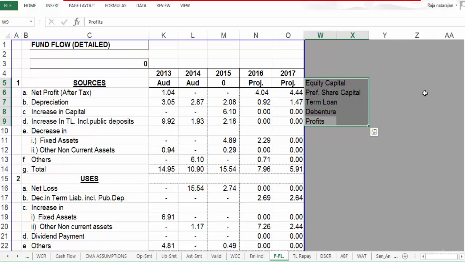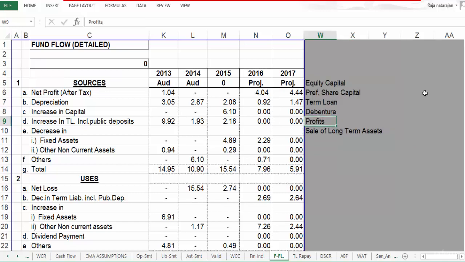These are fundamentally liabilities, but I can also have sources from sale of long-term assets. It can be a sale of fixed asset, it can be a sale of long-term investment. So understand, long-term sources for the business can be from various aspects like this.